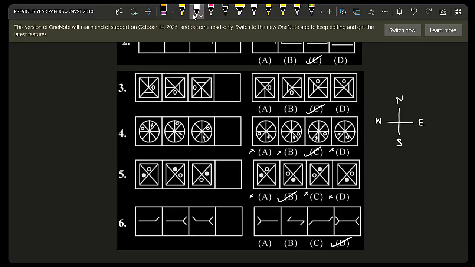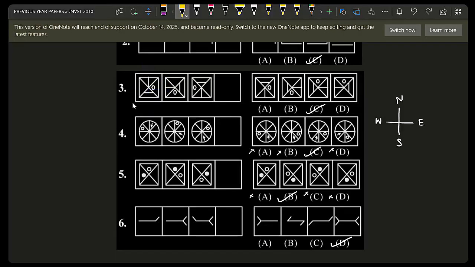Try to imagine the directions here only. So you can draw directions here. North, east, west, south. Now you tell me, where is the circle? Sir, east.